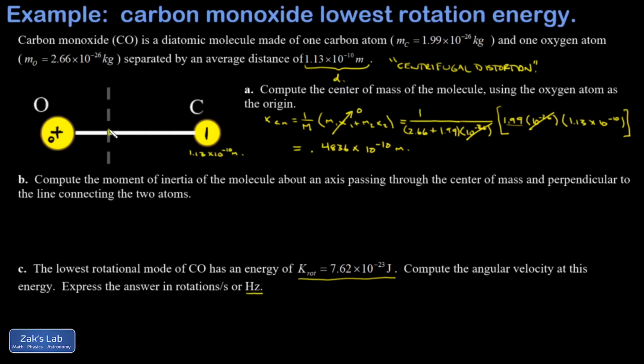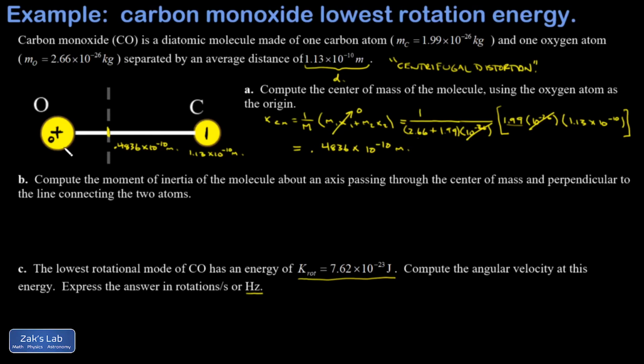So apparently this right here is 0.4836 times 10 to the negative 10 meters. You should verify that that's less than halfway between the two atoms, because that oxygen atom is more massive. The center of mass should be closer to it.